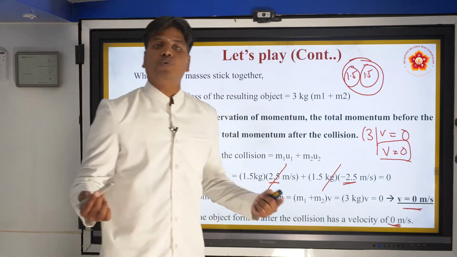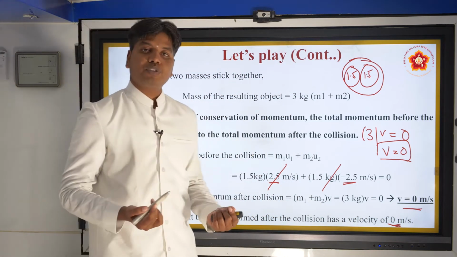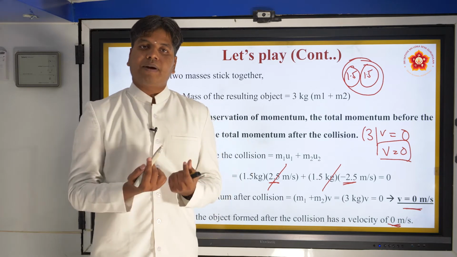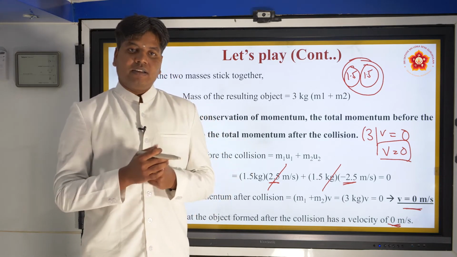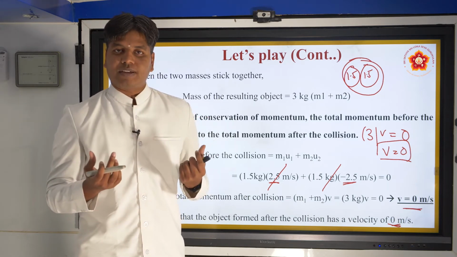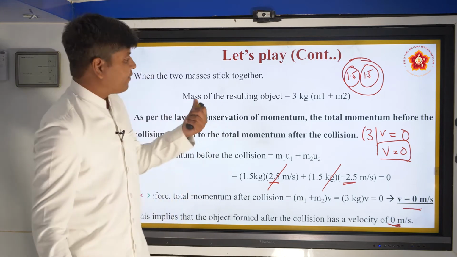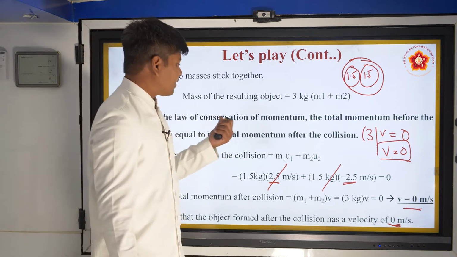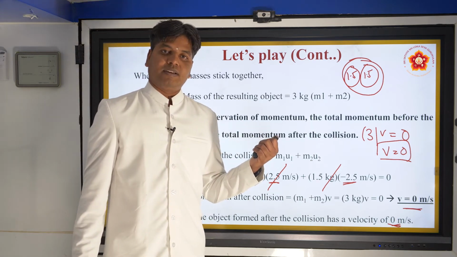That means it is not moving. The combined mass, the two birds sticking with each other, after sticking, are not moving. So it verifies the symmetry and also verifies the law of conservation of momentum.